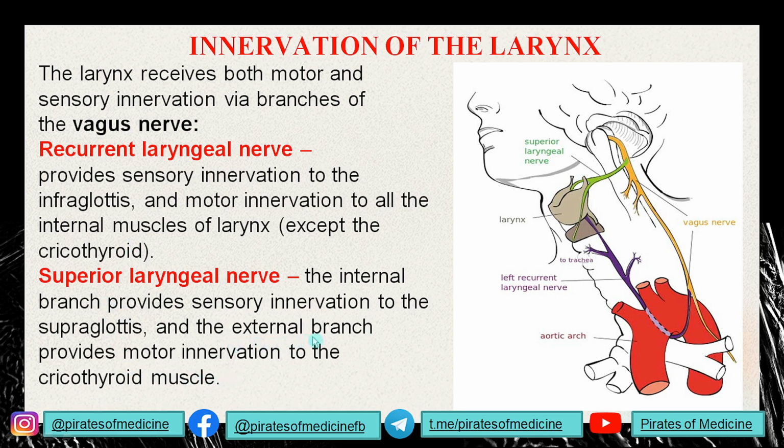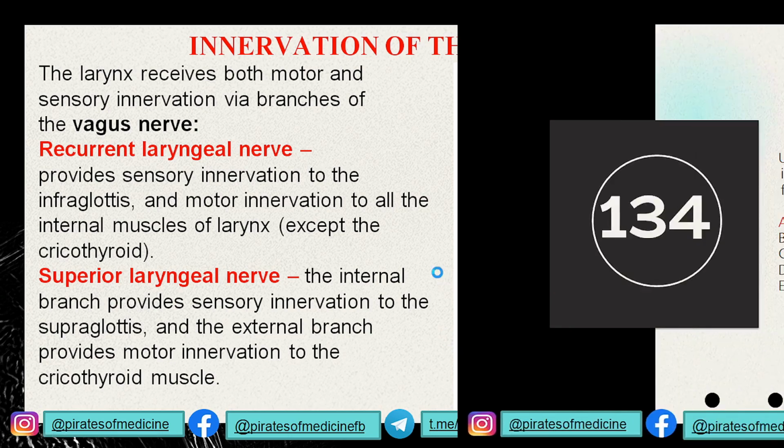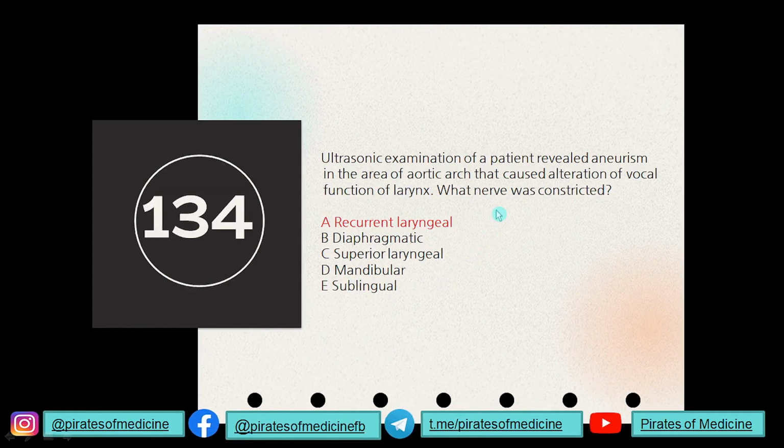The significance of this is that if there is a swelling of the aortic arch or any tumor of the aortic arch, then the recurrent laryngeal nerve can get pressed. Compression can lead to various symptoms that can be seen in the larynx. So you can see, aneurysm of the aortic arch caused alteration of the vocal function.